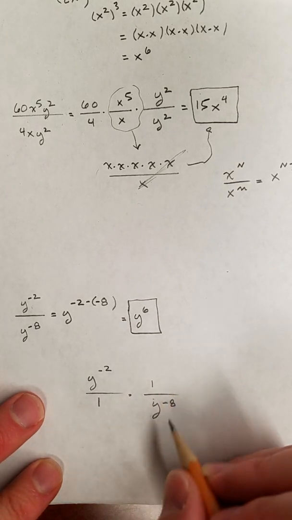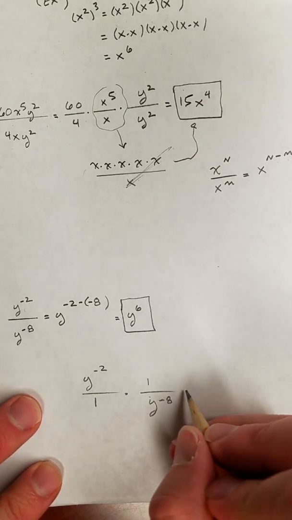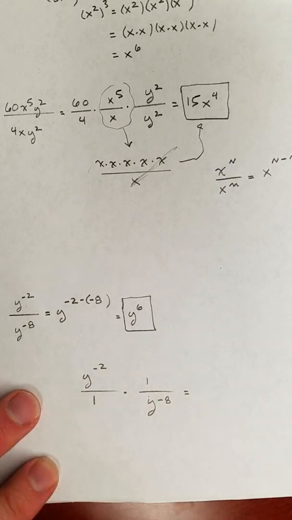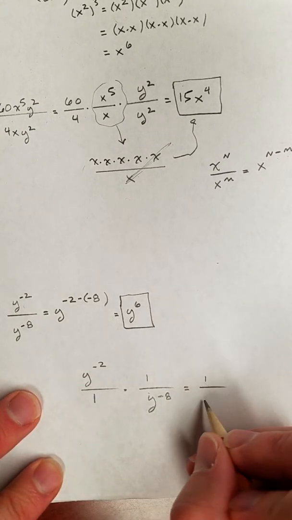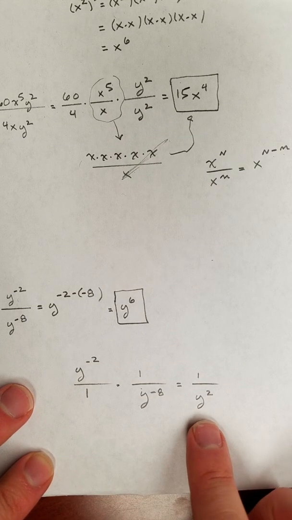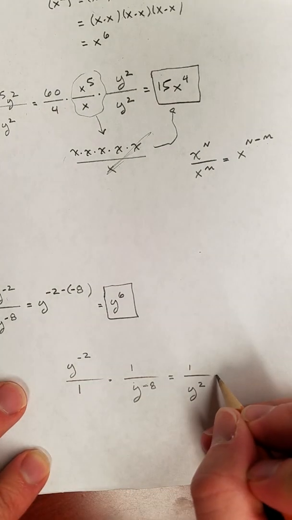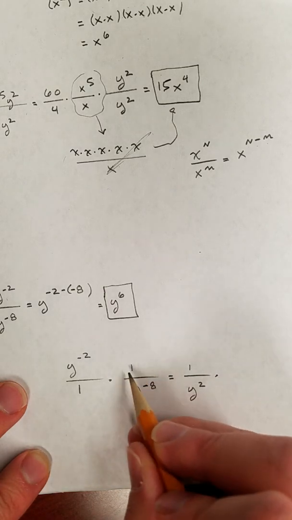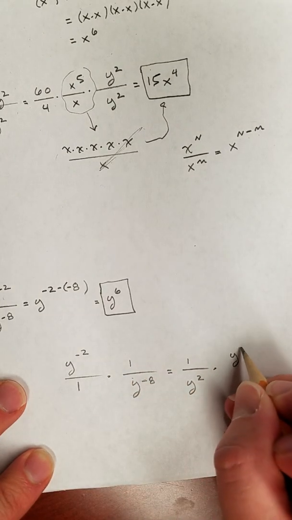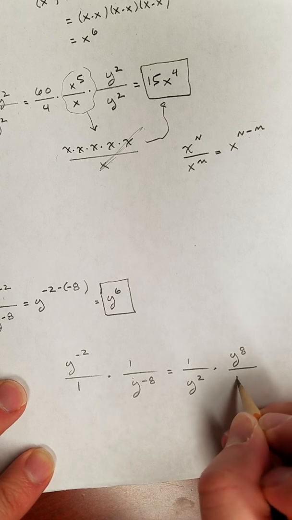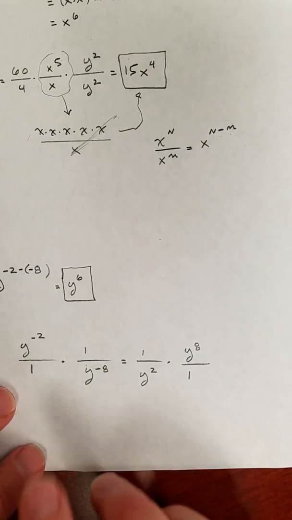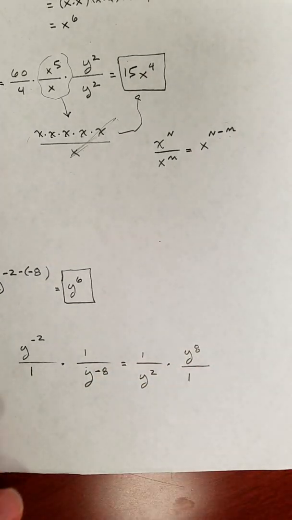But then again, what do negative exponents mean? Y to the negative 2 power could be otherwise understood to be this. That's the meaning of a negative exponent. And y to the minus 8 power could be understood to mean this. Okay, that's also the meaning of a negative exponent.